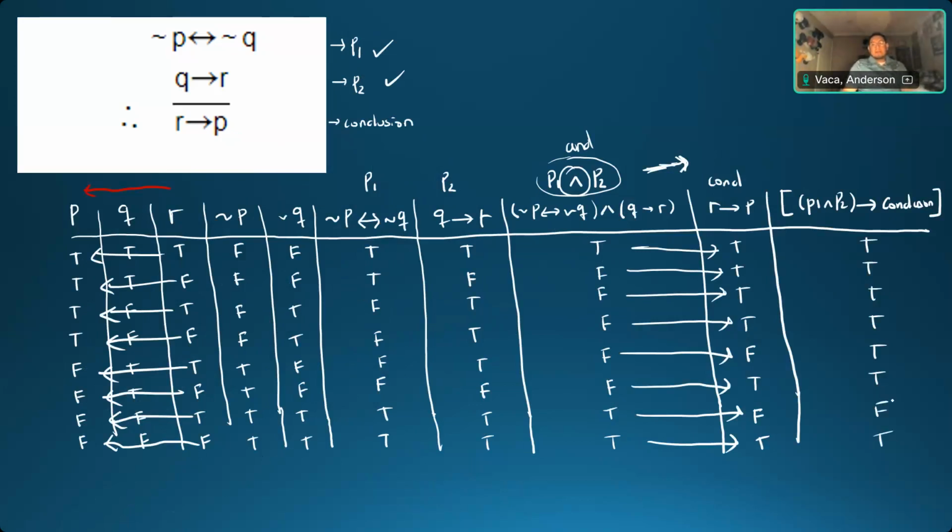Because of this one value, and I worked out the same example for the other class as well, the answer is that this argument is invalid.